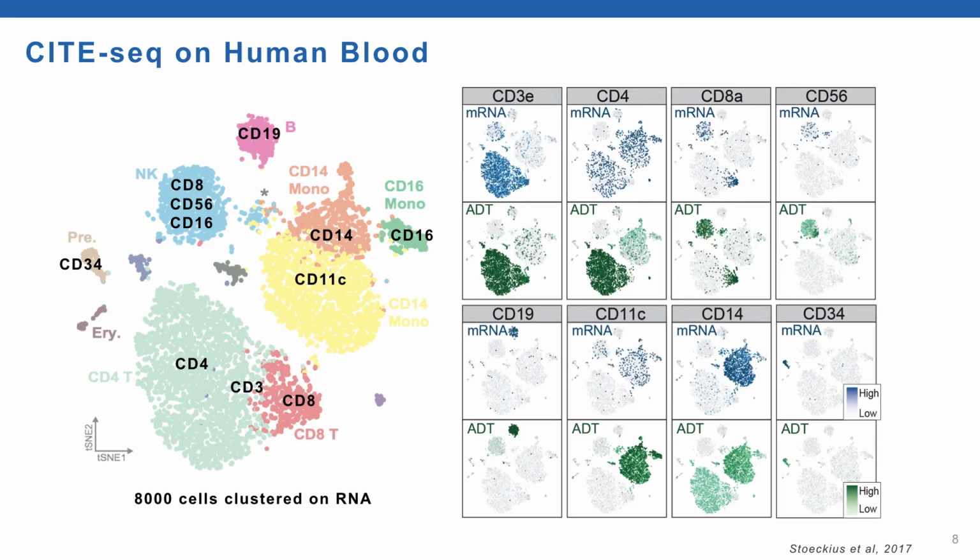And indeed, this is what you see. If we look on the right-hand side here, the blue representation is the mRNA for a particular gene or protein, and then the green is the protein tag levels.